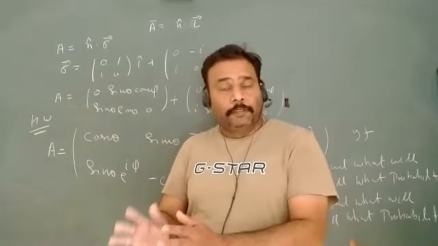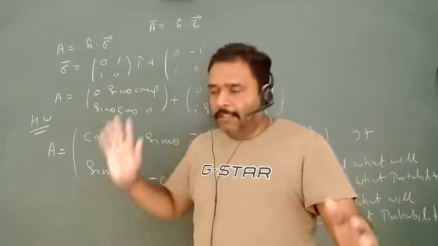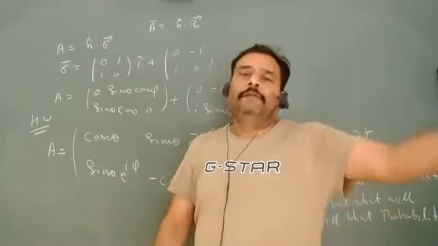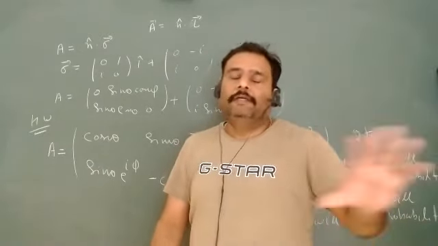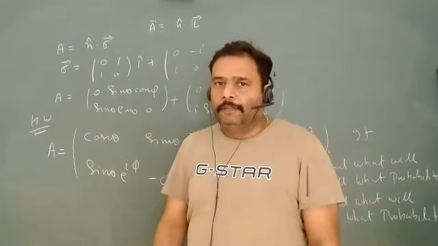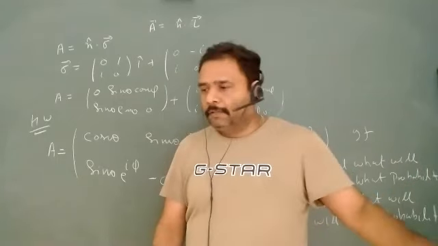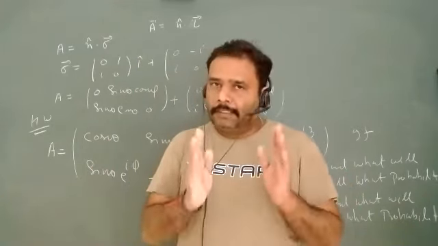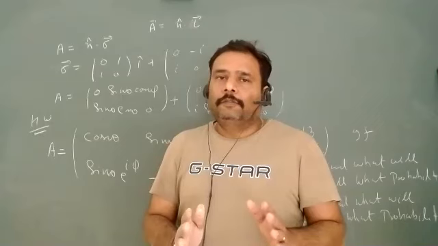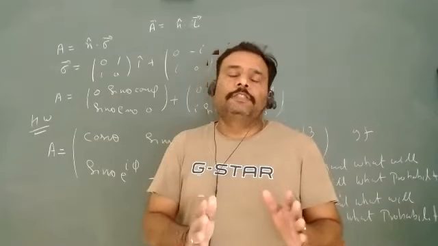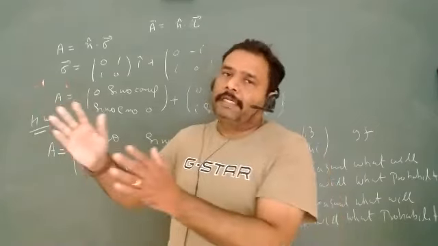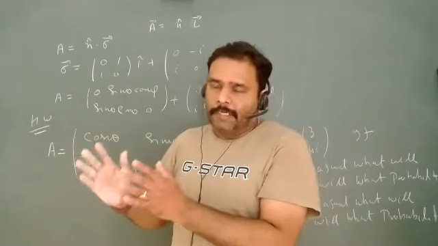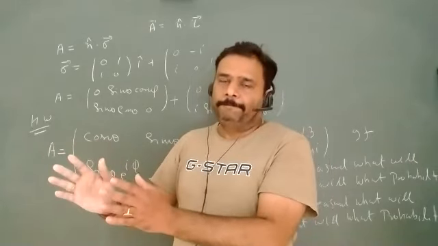The second club is harmonic oscillators separately. The third club is all these things. And then we will go for the next club, that will be approximation methods: perturbation, WKB. So there everything is a different club. So you have to prepare with this mindset. One or two questions will come, either step potential or particle in a box or finite potential.